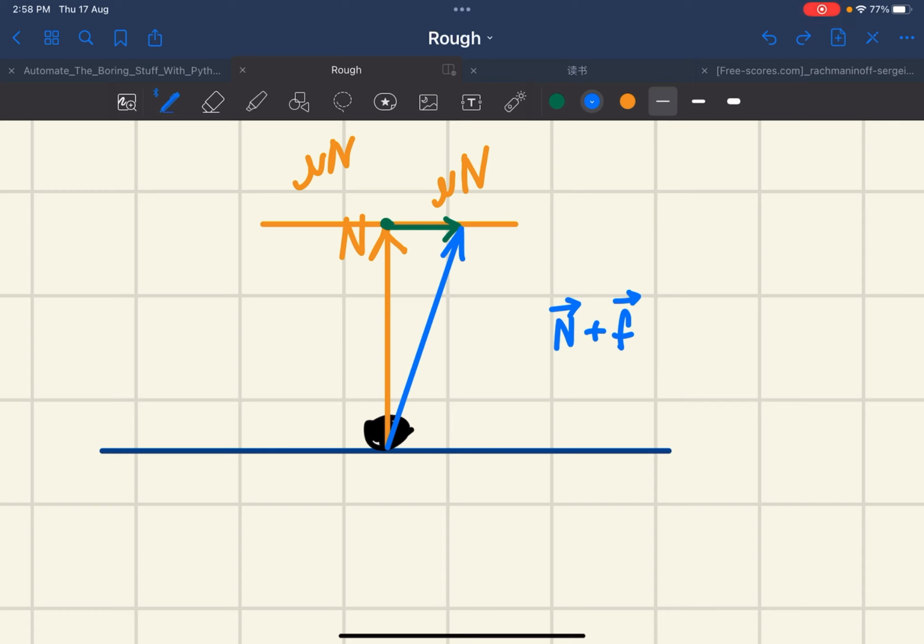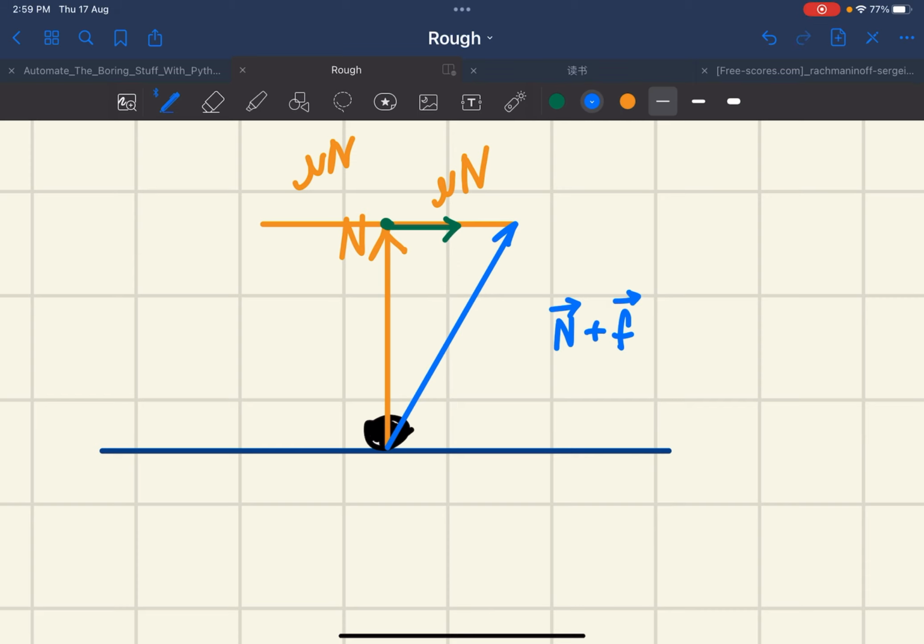The maximum deviation from the normal line for this N plus F total vector sum is like so. This is the maximum tilt that it can go with respect to the vertical, the line perpendicular to the surface.